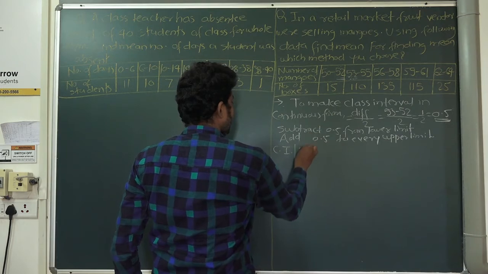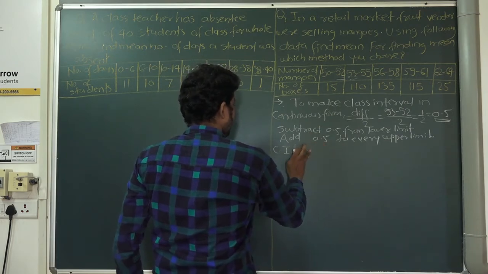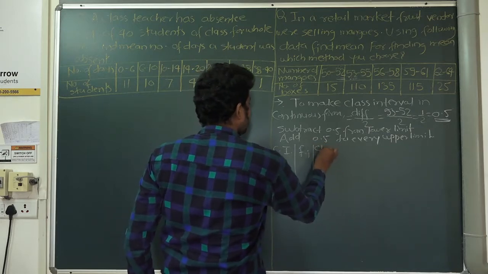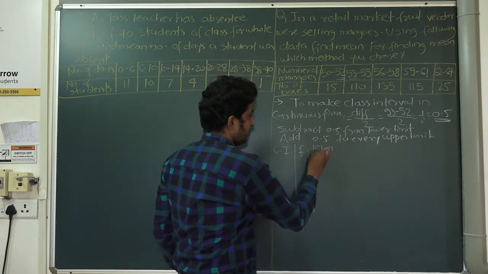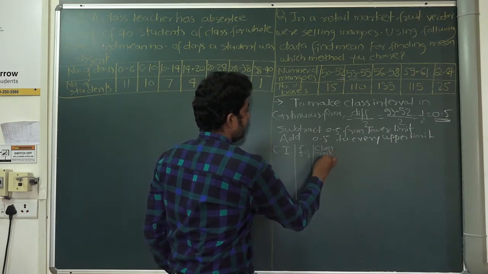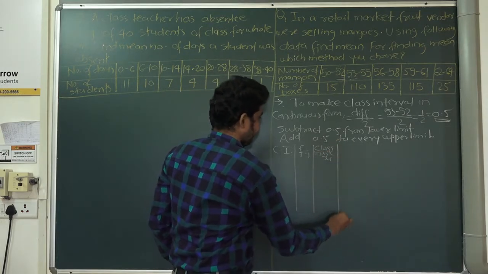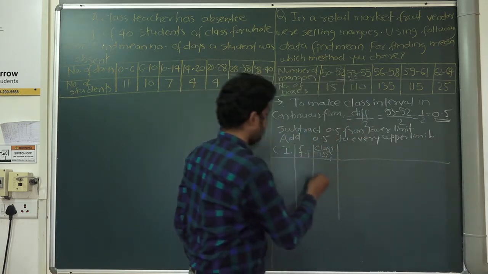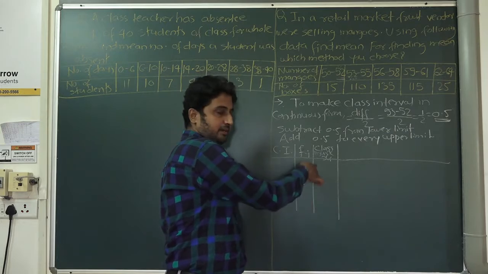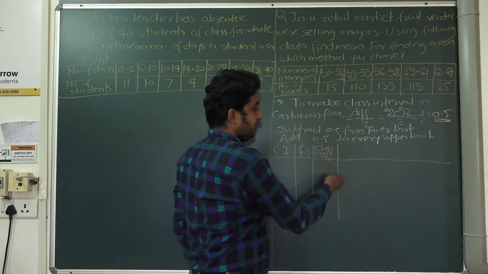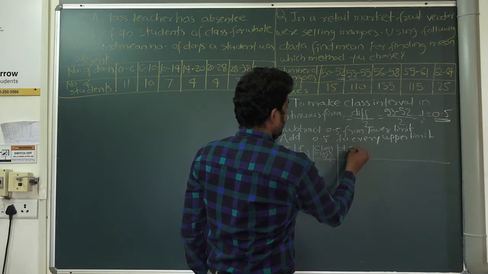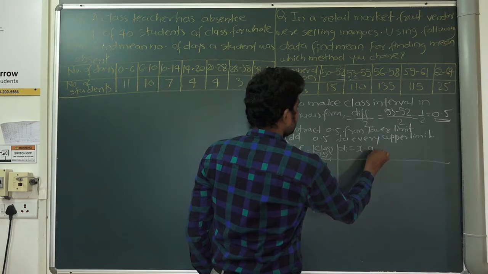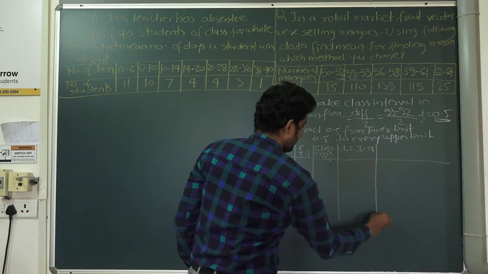Then its corresponding frequency, then the class mark xi. Then we have to use this table: class interval, frequency, then xi, then di, the difference or deviation, that is x minus a, where a is the assumed mean.